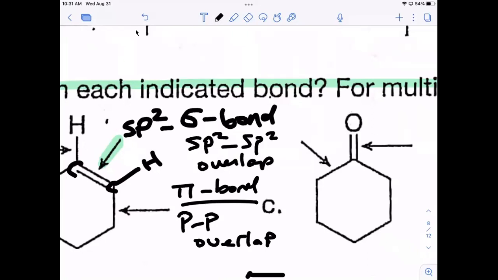Sigma bond is the hybrid orbitals overlapping. So for that sigma bond, it's going to be the result of sp2 because both carbons are sp2 in that double bond. And then the pi bond is going to be the 2 unhybridized p orbitals on each carbon atom overlapping.